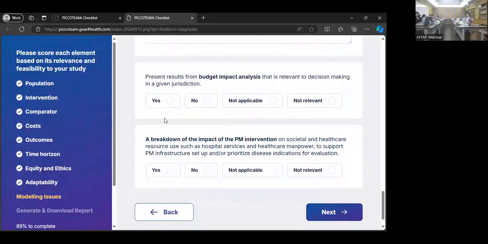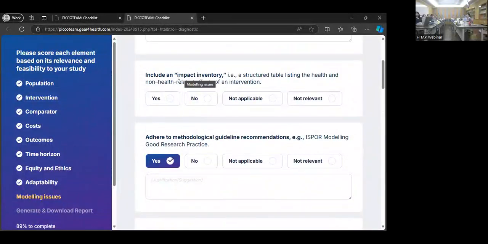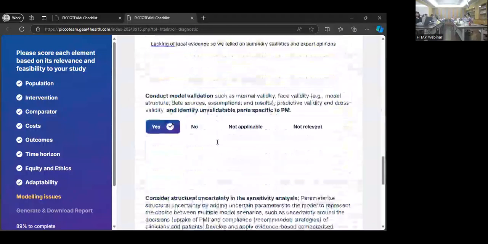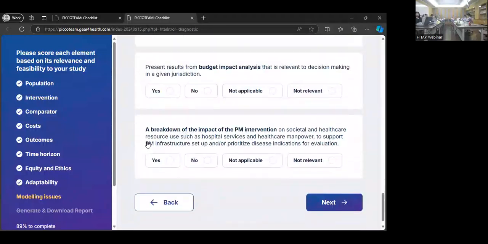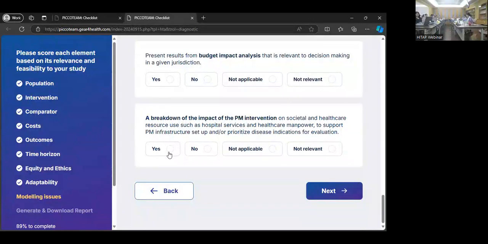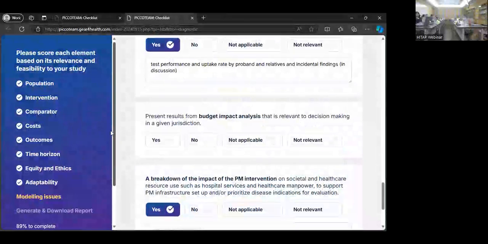And for the rest of the recommendations, it will be less of a priority, but we strongly recommend you involve clinical experts to develop the inventory of impact, like listing the health and non-health effects of this intervention, and then also to break down the impact of this intervention onto societal and healthcare resource use, and to prioritize the disease indication for evaluation.